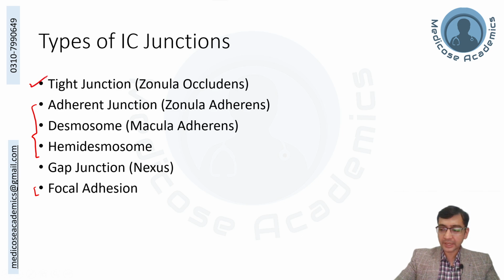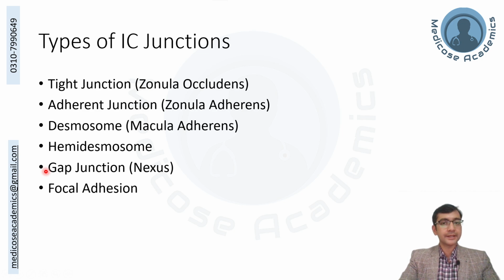The tight junction helps close any passageway between two cells. This is the occluding junction. And the gap junction helps two cells communicate with one another via the gap between the two.